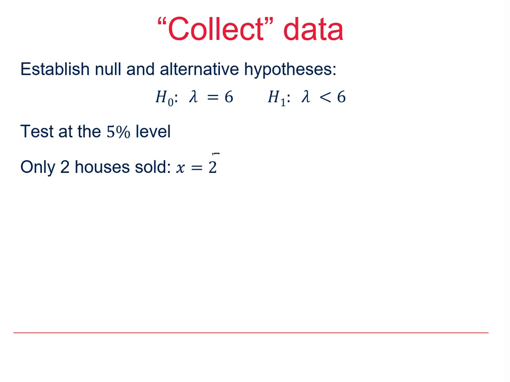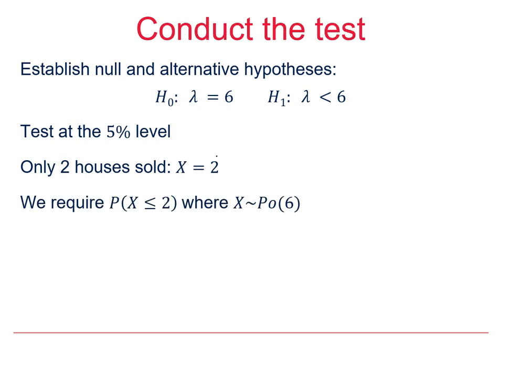And that's because we're told that only 2 houses were sold in this particular October. And we're going to be looking at the probability of obtaining 2 or fewer sales when the average would be expected to be 6. And we're looking at a Poisson model.